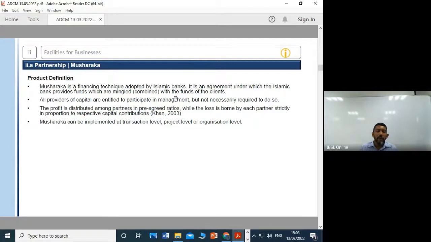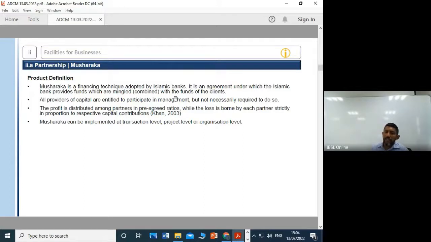So let's say I'm a tea trader. I want to buy 1,000 kilograms of tea at 200 rupees, so the total amount I need to fund that transaction is 200,000 rupees. Both parties, the bank and the customer, will contribute capital towards that transaction.